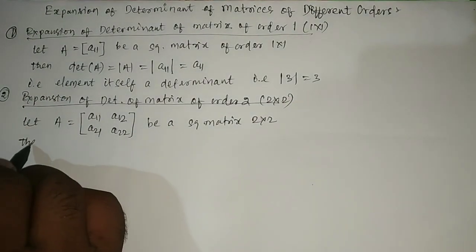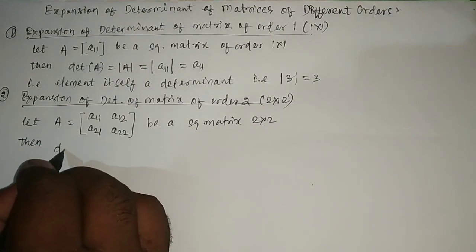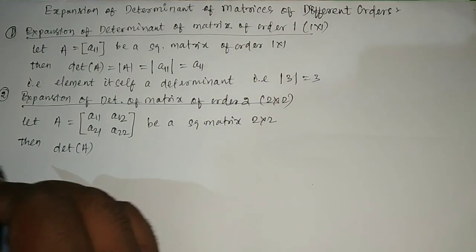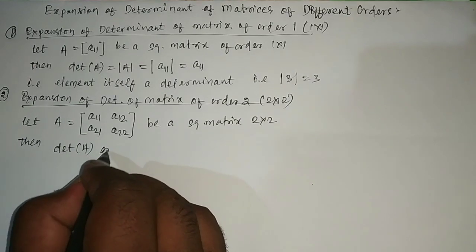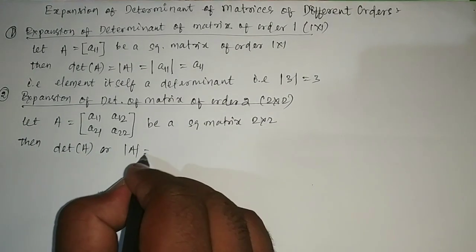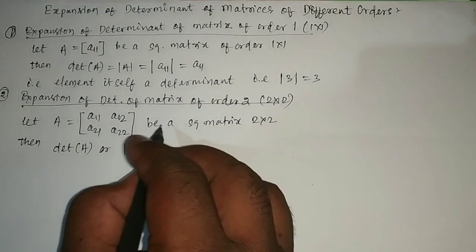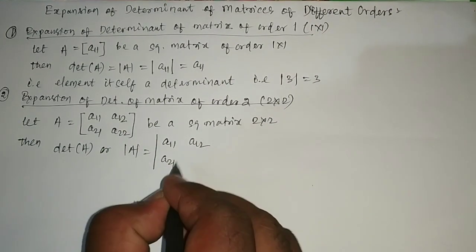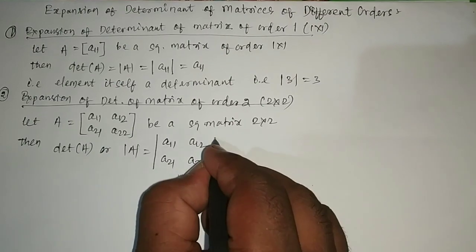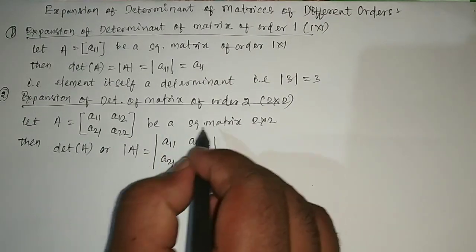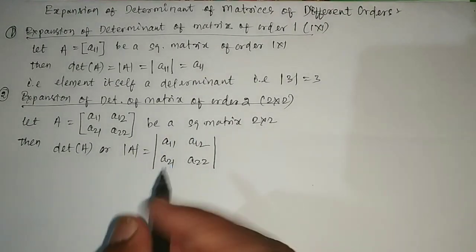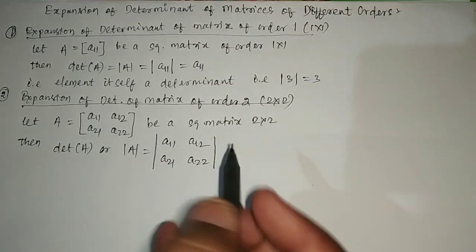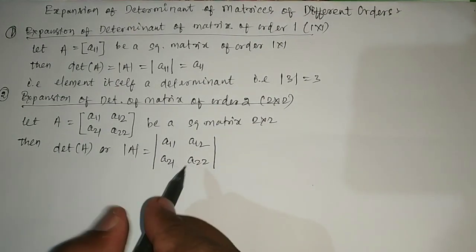Then its determinant, that means determinant of A, is written as |a11 a12; a21 a22|. That means we write all the elements of the matrix in between two vertical bars. This can be evaluated by cross multiplication.